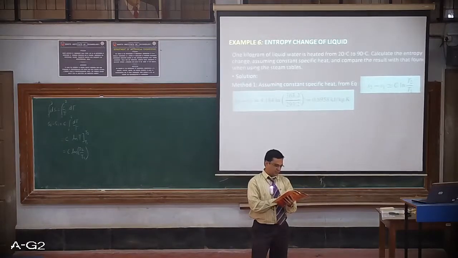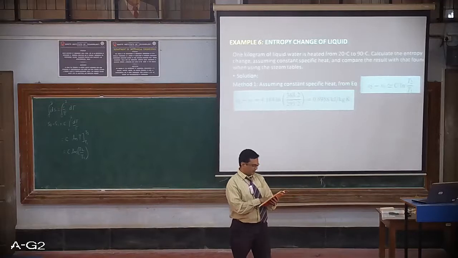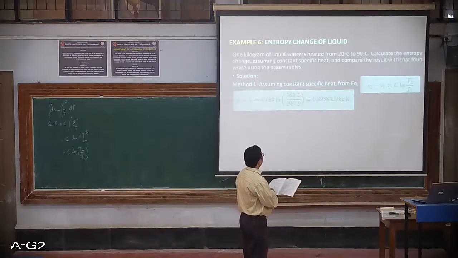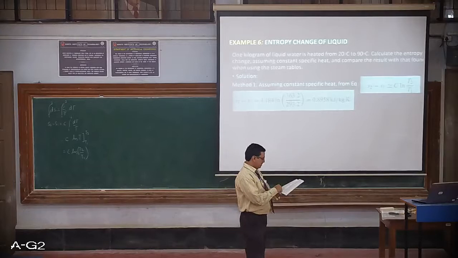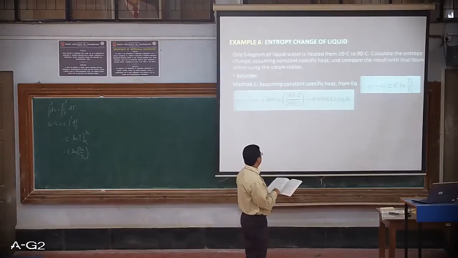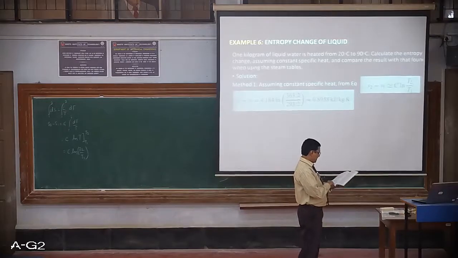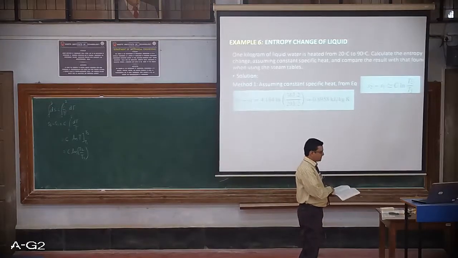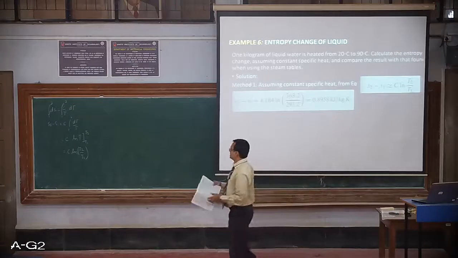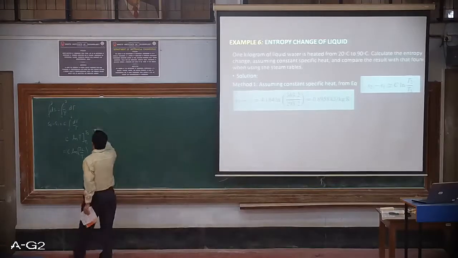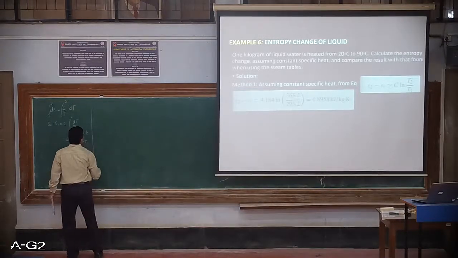For liquid, it is water. At given temperatures of 20 and 90 degrees Celsius, various values are given. We need to consider the standard one, that is 4.18, which is at 320 Kelvin and 1 atmospheric pressure. So get this value of C into the equation. Therefore, method 1.